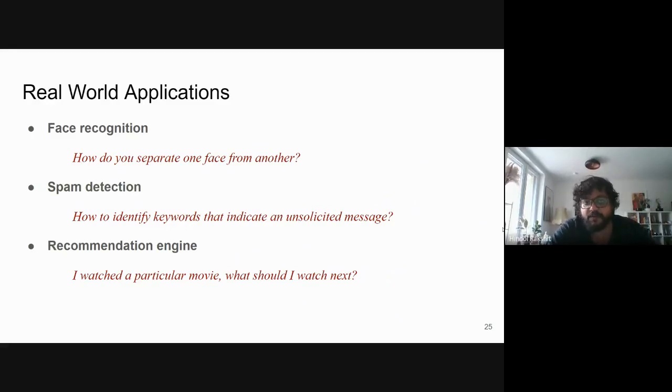Similarly, recommendation engines: whenever you watch a movie on, let's say, Netflix, Netflix says that, okay, you have watched this, now I can recommend you this other movie.